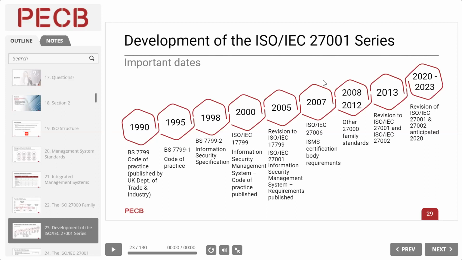If you notice, the standards have the years beside them. This one is 27001:2013 to indicate the version of the management system that we are using. It is expected that in 2023 we'll have an updated version.